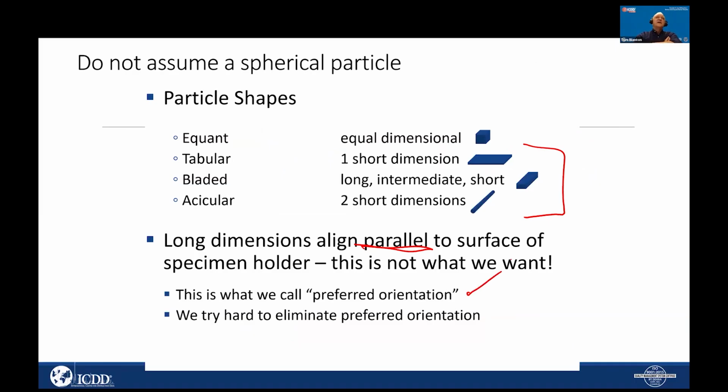Now, preferred orientation doesn't mean it's what you prefer, it means what the particle does. Maybe a better term is preferential orientation, but preferred orientation is the common term that's used, and we try to eliminate that.